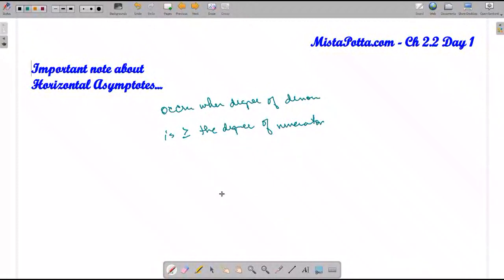In other words, what we learned back in pre-cal as our bottom-heavy situations or our equal situations.